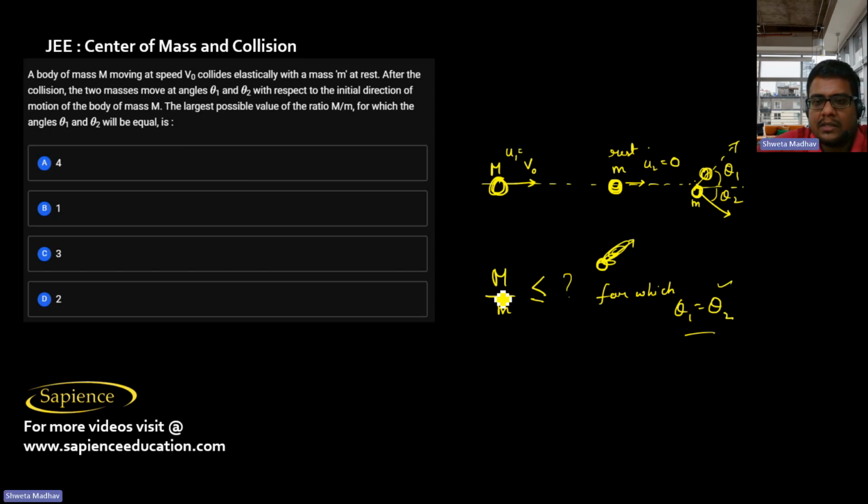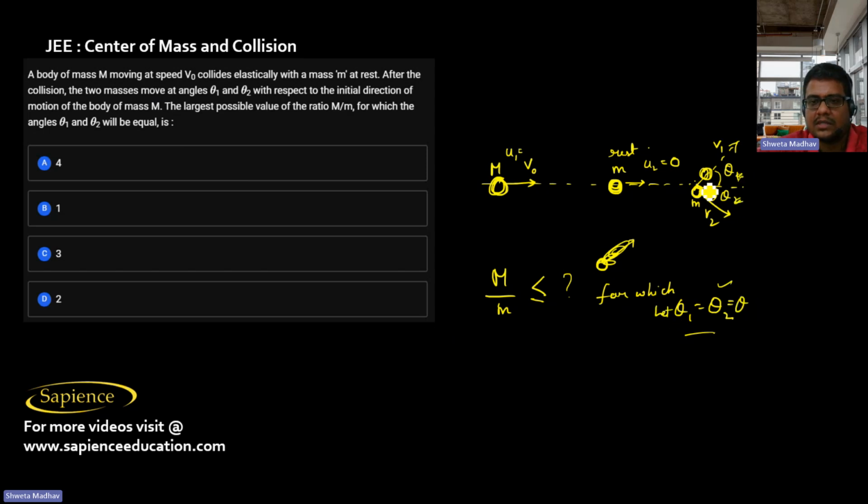So here we can apply the conservation of linear momentum of the system. If their final velocities are v1 and v2, and theta 1 equal to theta 2, let's say that is equal to theta.